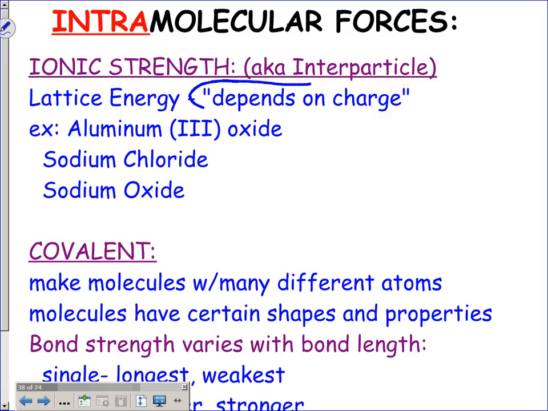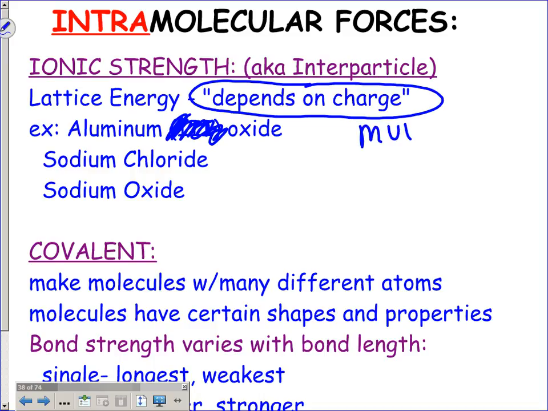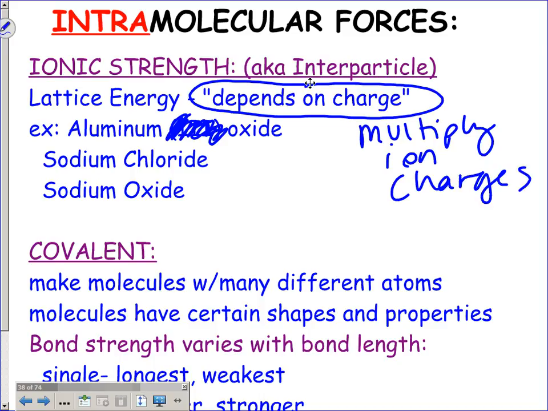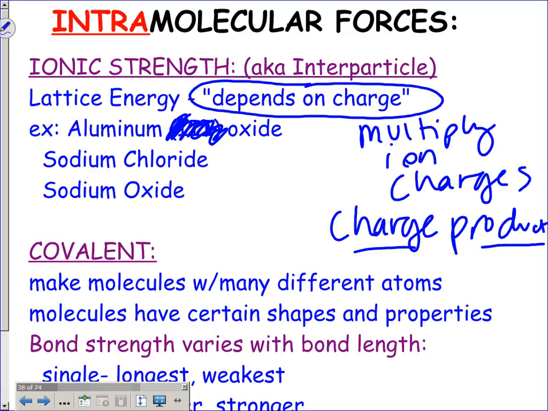So when I say depends on charge, what we have to do is multiply ion charges. Why does it make sense to call this charge product? Because I'm multiplying, right? It's a mathematical product. Whoever has the largest charge product wins, and that's the stronger of the ionic bonds.